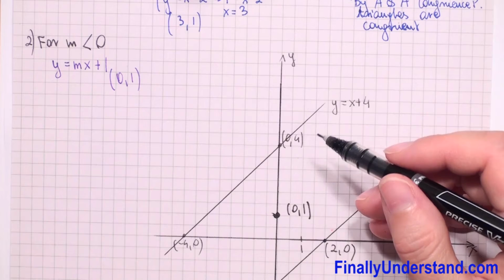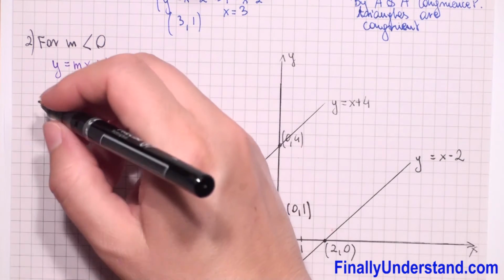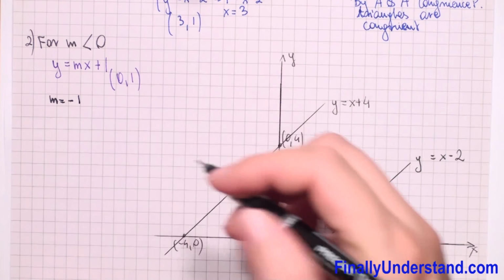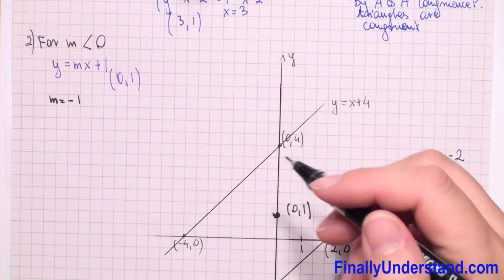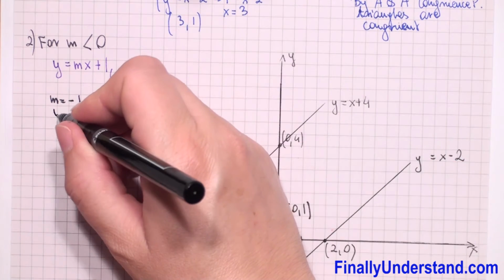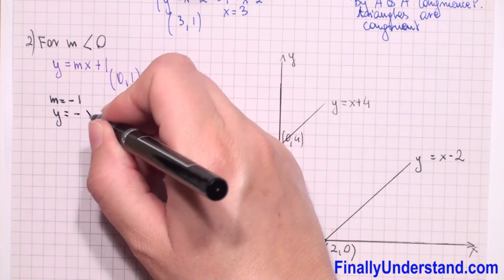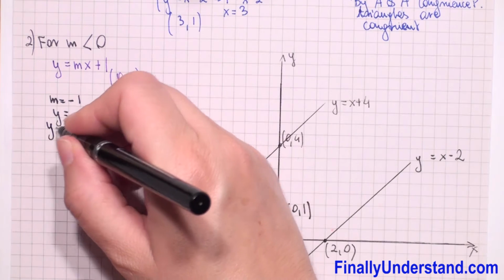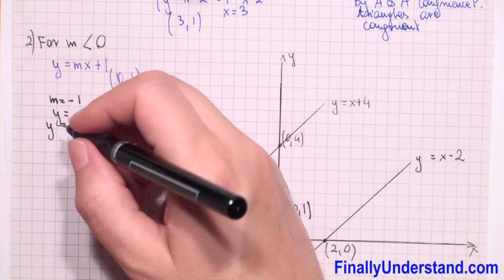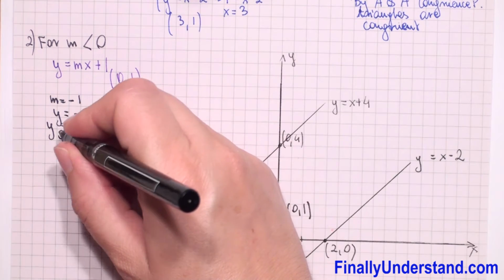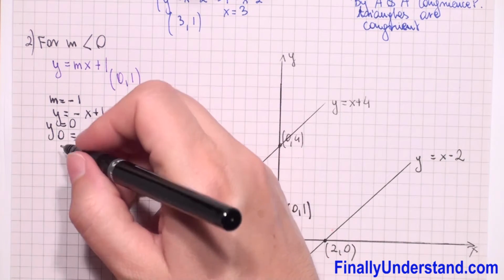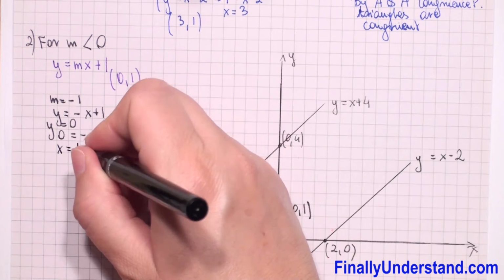So you can choose, for example, that m is equal to negative 1. For m equal to negative 1, we will have y is equal to negative x plus 1. If we put y equal to 0, then we have the equation 0 is equal to negative x plus 1, so x is equal to 1.